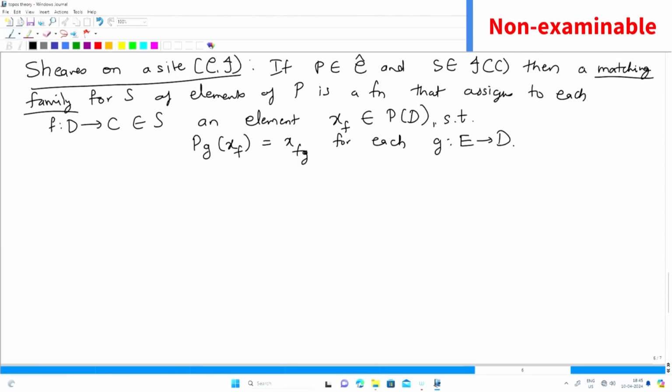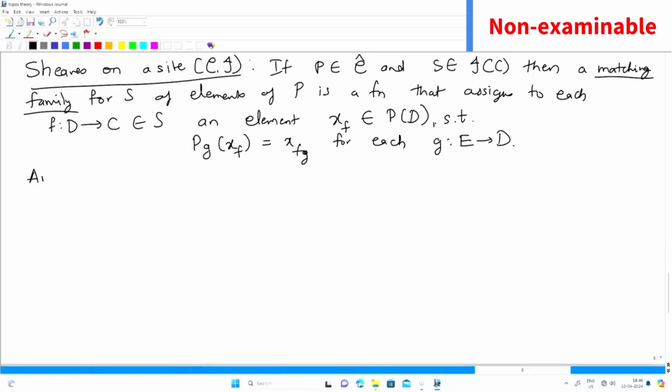Sieve is a right ideal, so it has to be closed under precomposition. So the collection of elements should satisfy this. Well, what does this say? P g of xf is equal to xfg. In the case of open cover topology, it says that you take a section on Ui and you go to something smaller. Let's say that smaller thing is Ui intersection Uj. Then the element that we have chosen is actually a restriction of this. That's precisely this condition. It's actually the sheaf. We are trying to reproduce the sheaf condition.